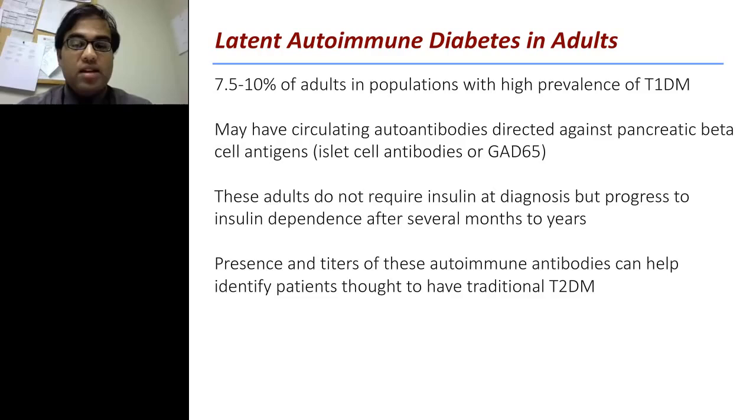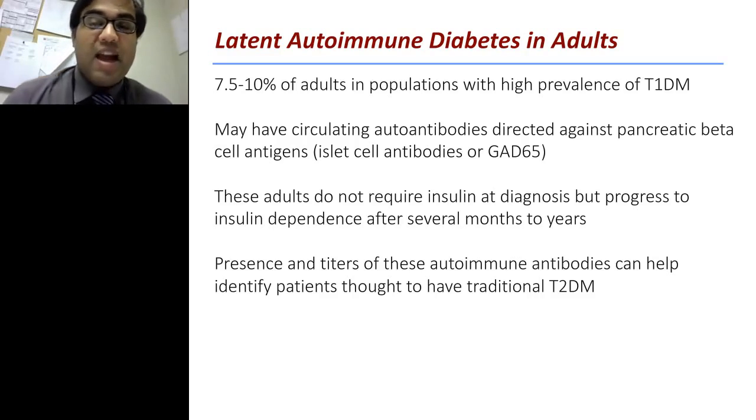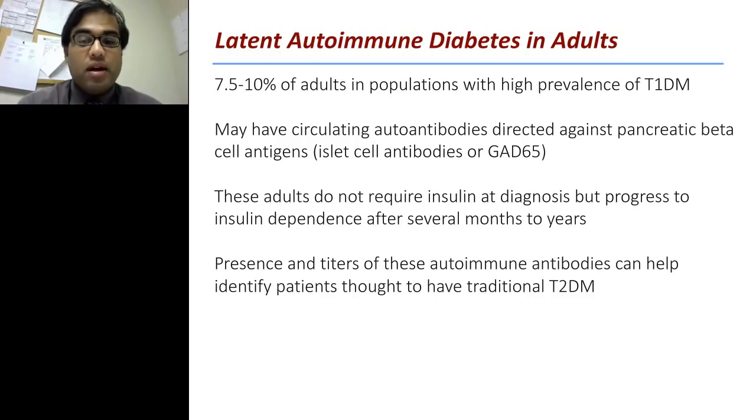And these individuals will have circulating autoantibodies directed against the pancreatic beta cell. So they might have what we call islet cell antibodies or GAD65 antibodies. That's the glutamic acid decarboxylase antibodies. So these are the antibodies that are the villain when it comes to classic type 1 diabetes.